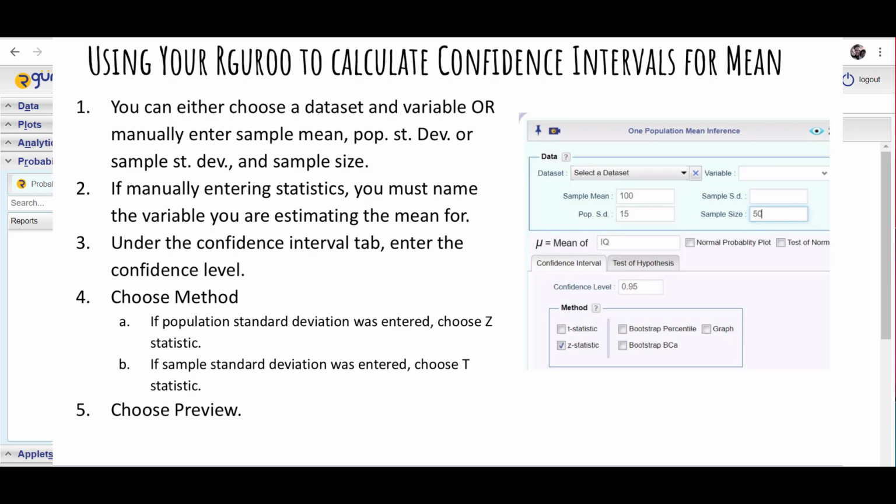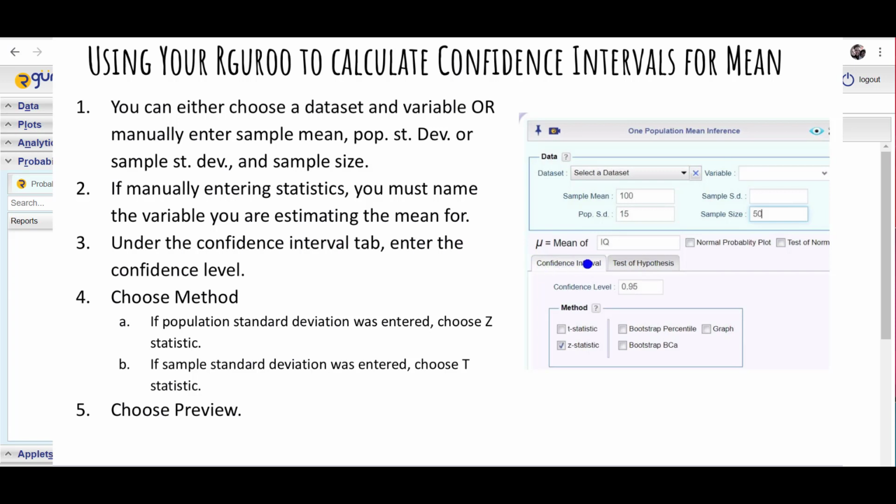Now, just like when we write the sentence out, we have to give context. So you need to give context to your mean by labeling it, the mean of what, and you put that in. And then once you do that, it says confidence level. Now, there are 2 tabs here: confidence interval and test of hypothesis. We're going to eventually do both.